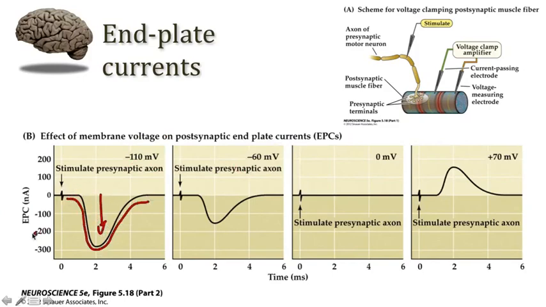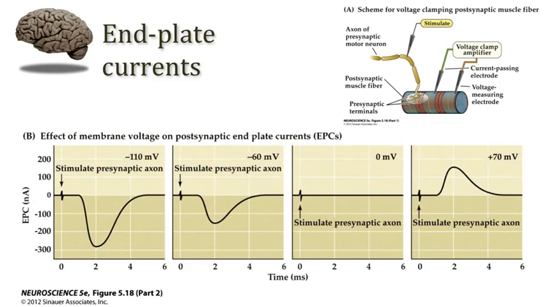So again, negative current here by convention is an inward current carried by a cation. So with minus 110 millivolts of hyperpolarization, stimulating this axon leads to a strong inward current. If we cut that hyperpolarization in roughly half and now set the membrane potential to minus 60 millivolts, we have about half as much inward current flowing into that muscle fiber.